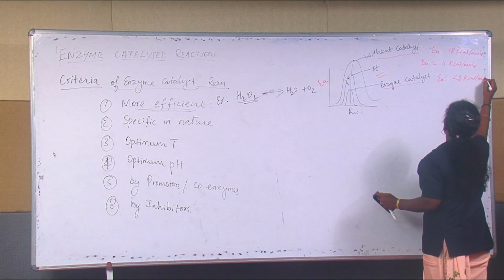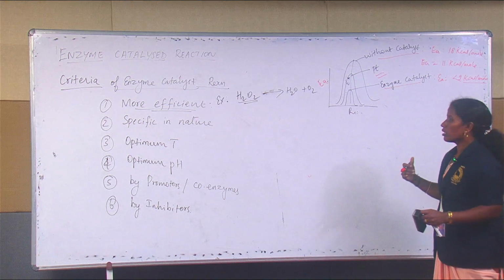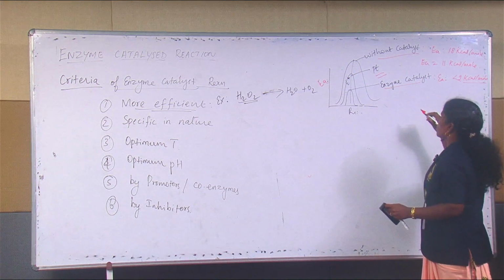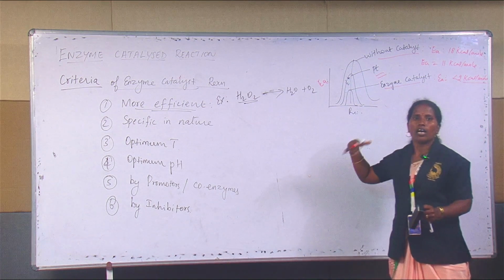That means the EA value decreases greatly, so the rate of the reaction increases more. So an enzyme catalyst is more efficient than other catalysts.